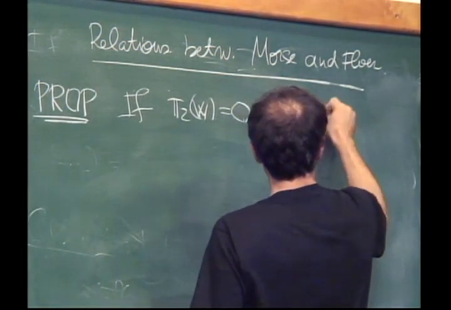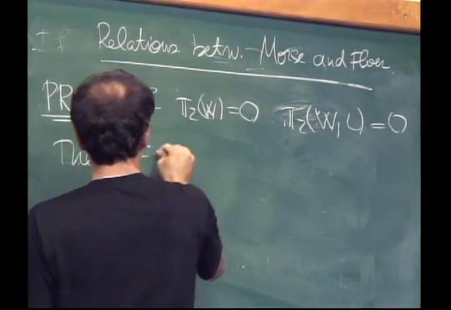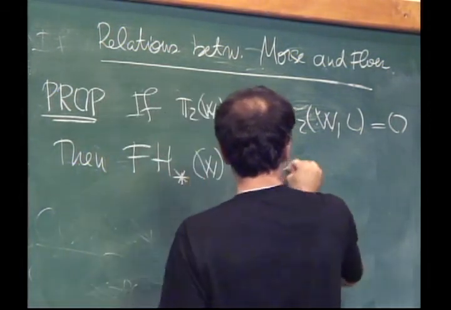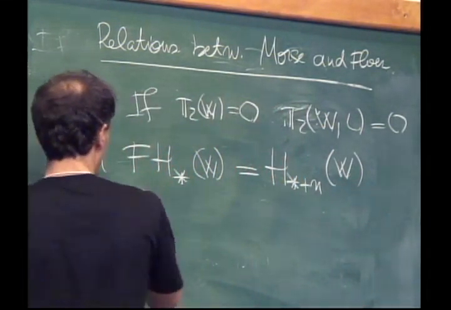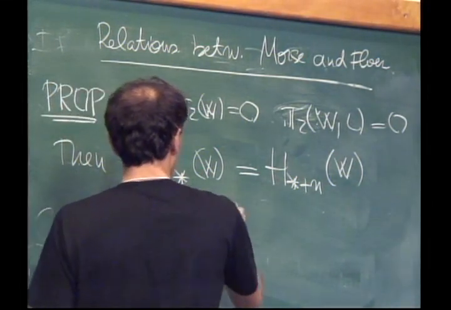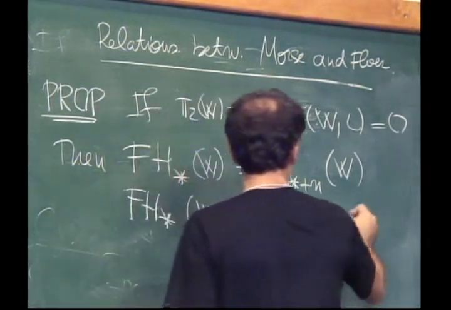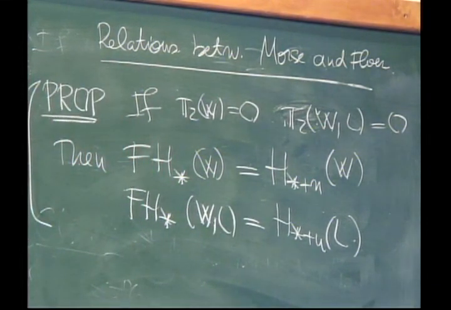I will weaken them a little bit later, then the Floer homology of W is, with some index shift, which is this one, I think, and the Floer homology, the relative Floer homology, is... I think the shift is correct. The shift is correct. Yeah. Yes.